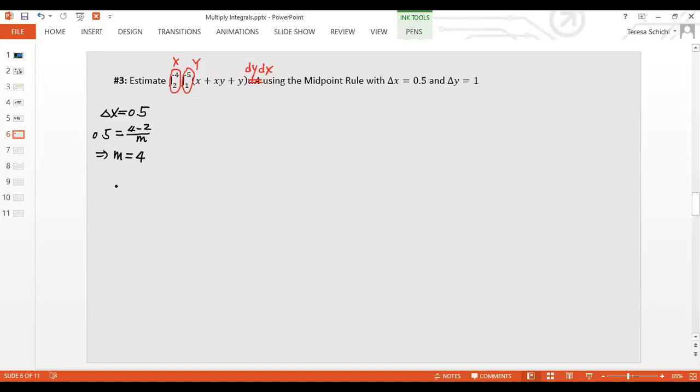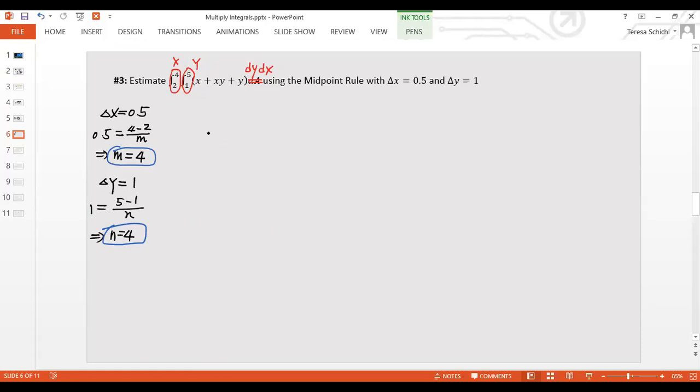The same way, delta y is 1, which means 1 equals 5 minus 1 divided by n, so n is 4. I'm going to divide the area into 4 subintervals in each direction, so in total I'm going to have 16 areas, and I need to add them up.